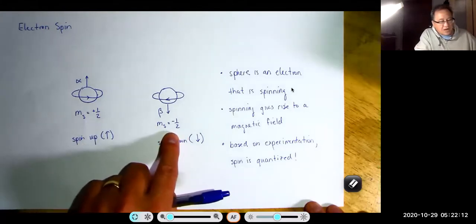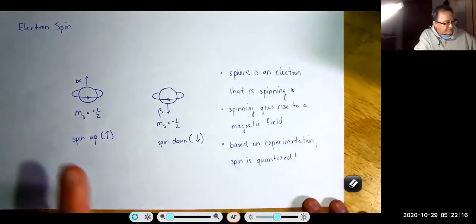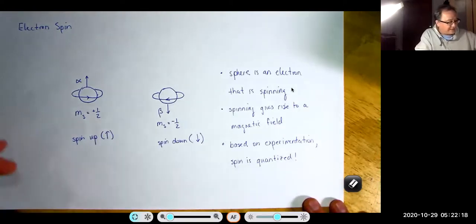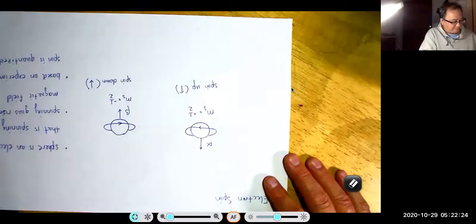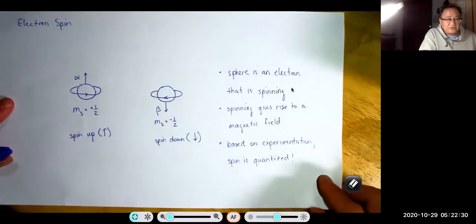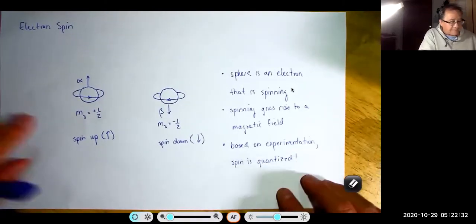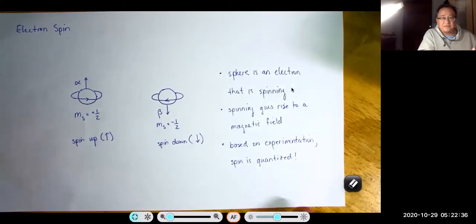Now, as far as clockwise and counterclockwise goes, that's really irrelevant because it depends on whether you're looking at this from the top, or if I turn it around, this is from the top, okay? So here, we give those two values, plus 1/2 and minus 1/2. They're both half because they're spinning and they give rise to the same size of magnetic field.